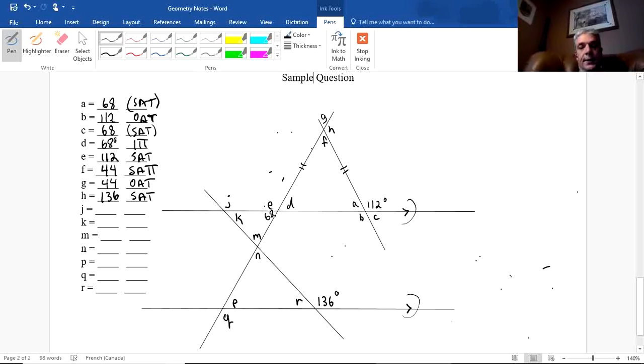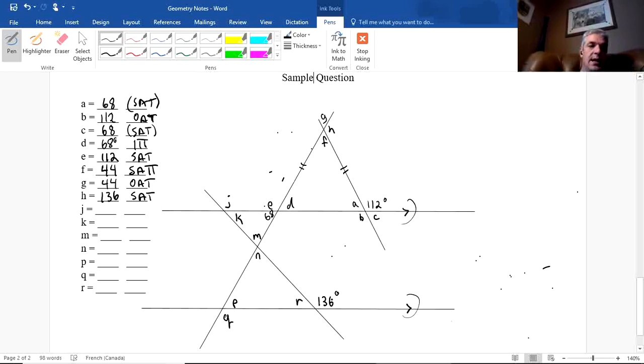Now, I can move around and do another question here, and I can go 136 plus K. That's a C pattern. See the C pattern right there? So K should add to 136 to give me 180.